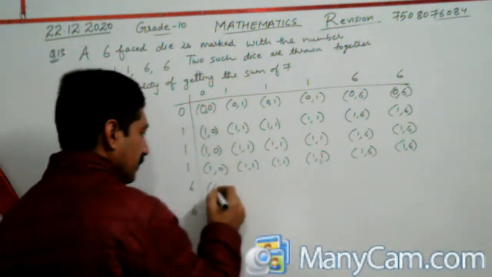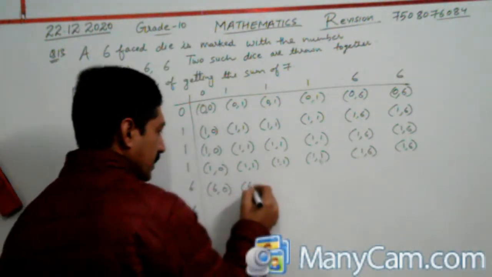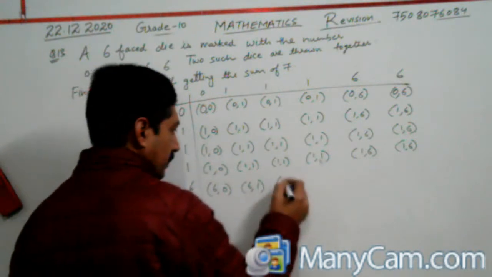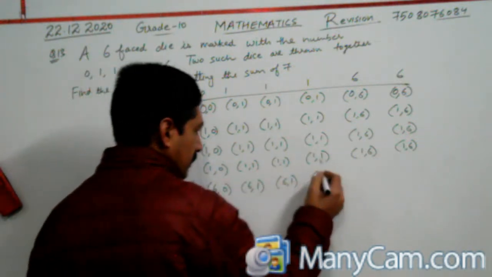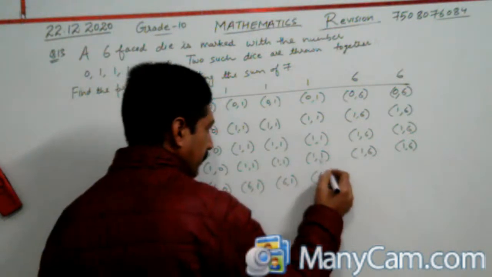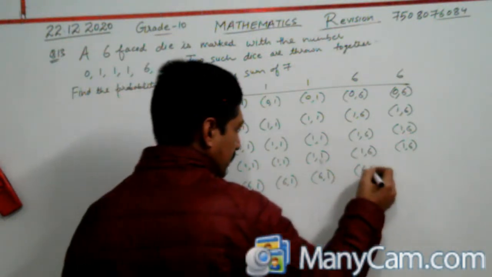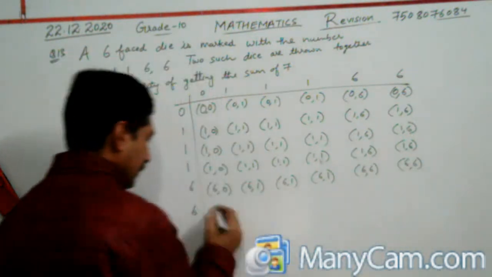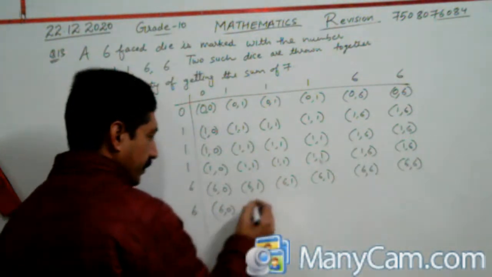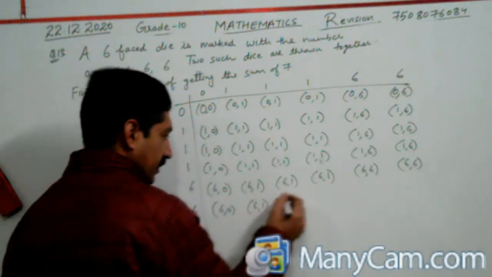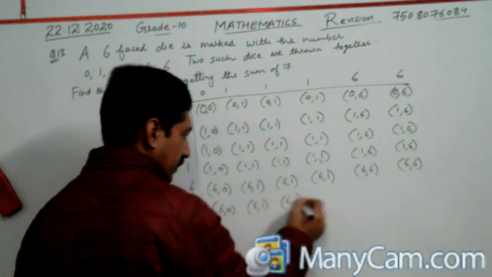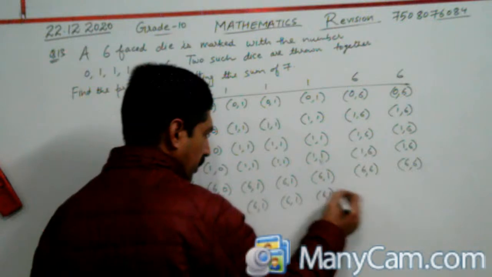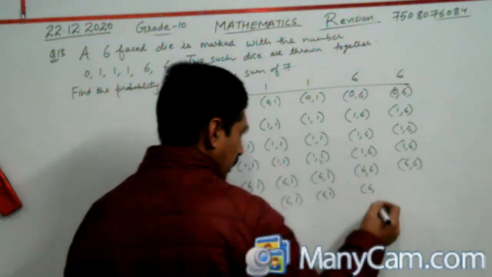Then we have 6 0, 6 1, 6 1, 6 1, 6 6, again 6 0, 6 1, 6 1, 6 1, 6 6.